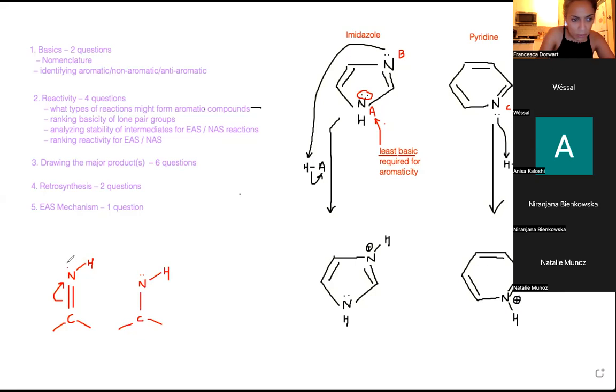And there'd already be one lone pair here, so we'd get another lone pair. This would be negative, and this would be positive, kind of like opening up a carbonyl, okay? But in this case, our nitrogen would be positive. So we can open this up for both of them. So let's draw that structure.